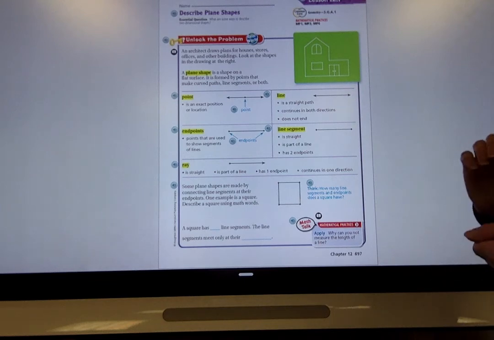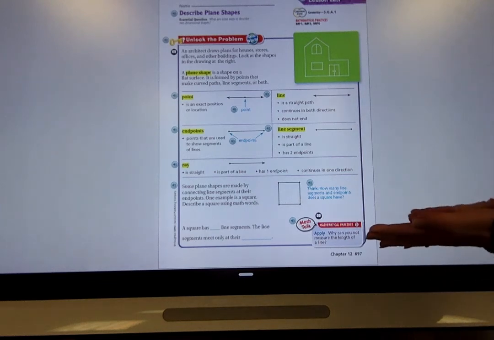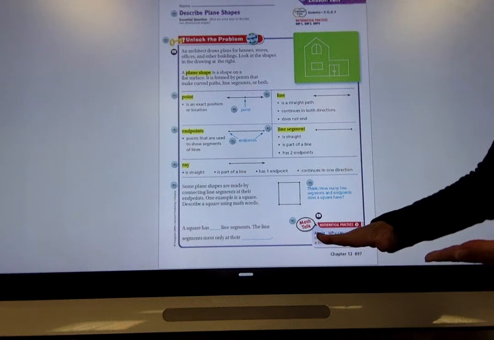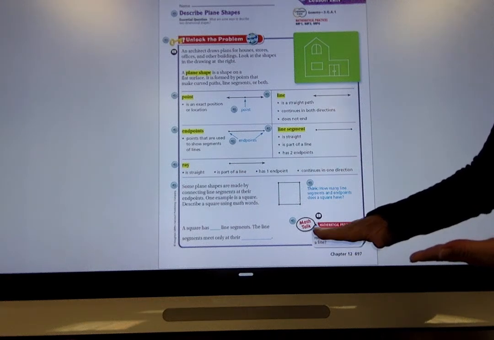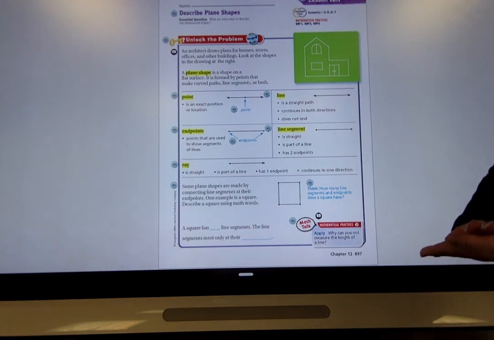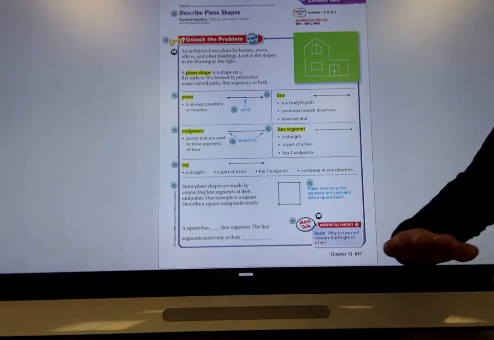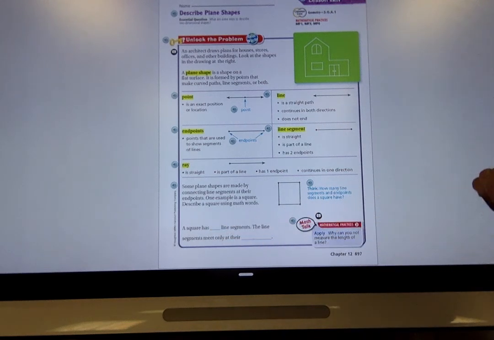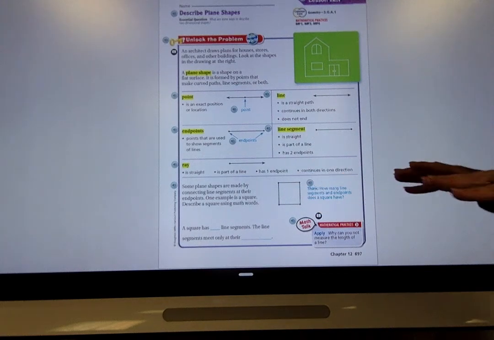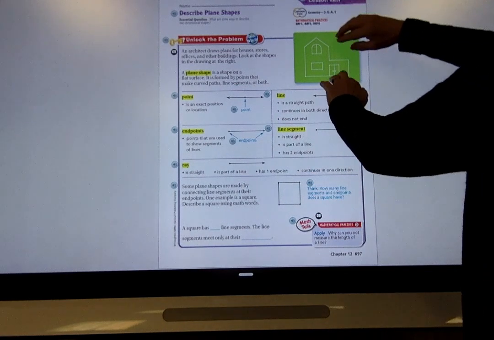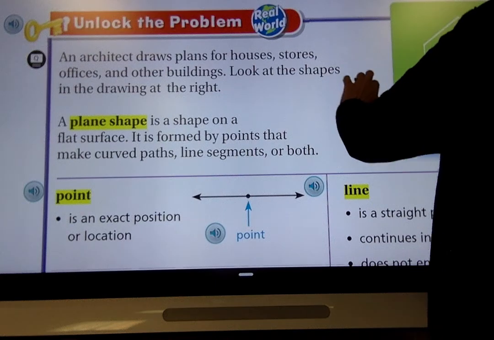Now, these are flat figures, so like a piece of paper would be a plane shape. And when we're talking about a plane, we're talking about the flatness of something, how it goes on and on. So we could extend this on and on.